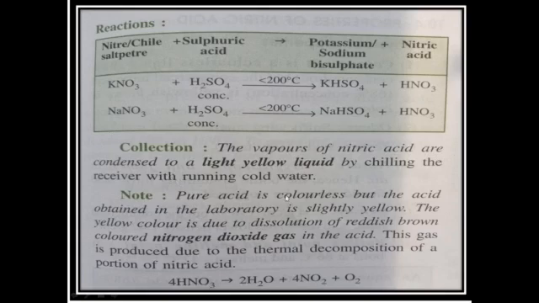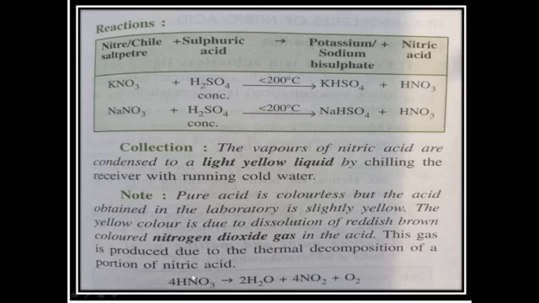Pure acid is colorless, but the acid obtained in the laboratory is slightly yellow. The yellow color is due to dissolution of reddish brown colored nitrogen dioxide gas in the acid. This gas is produced due to the thermal decomposition of a portion of nitric acid.